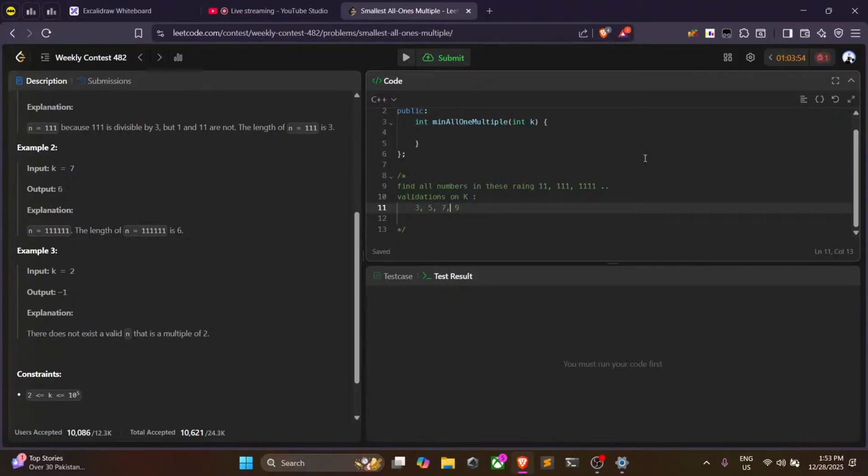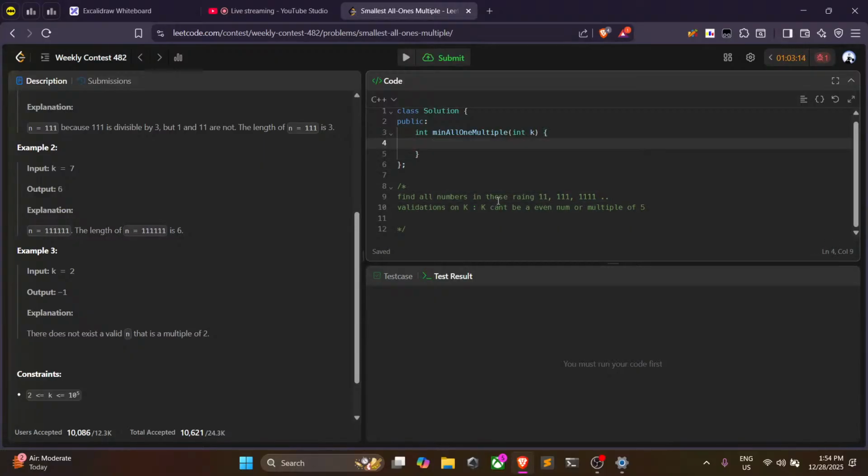It can't be 5 because in order to be divisible by 5, we need to have a 5 or 0 in this place. 7, can it be? Might be. And 9 can be a summation of 9. So k can't be an even number or a multiple of 5.